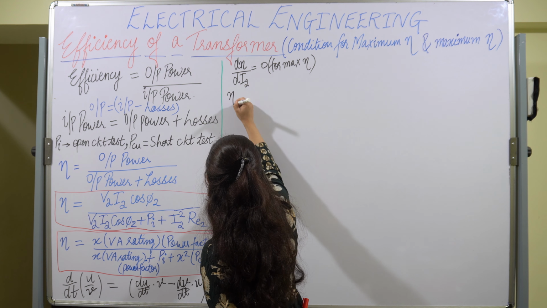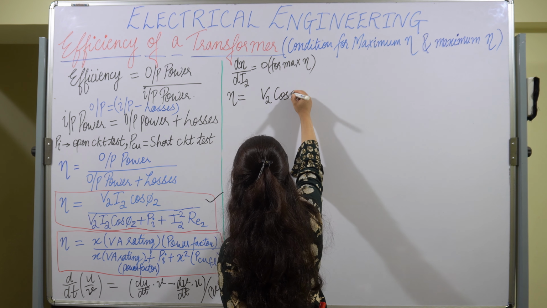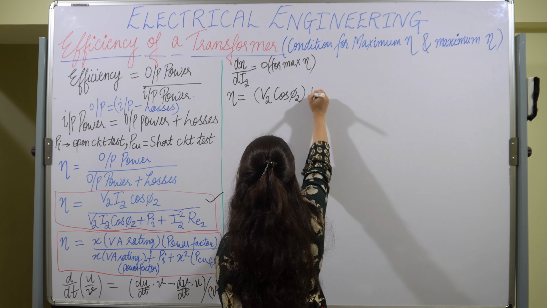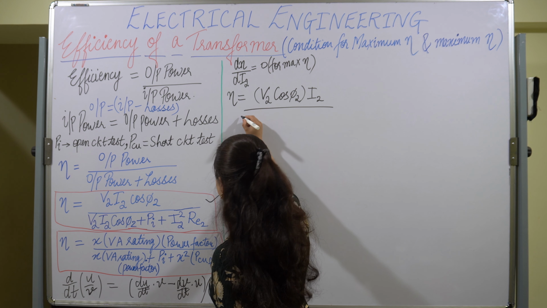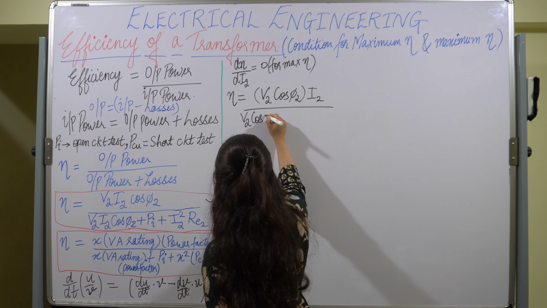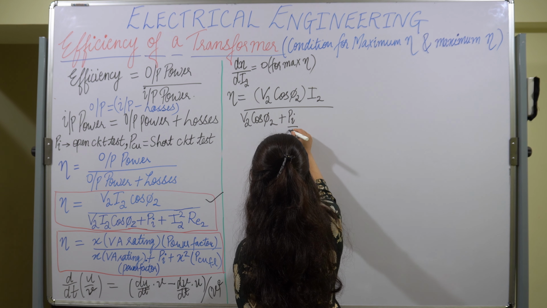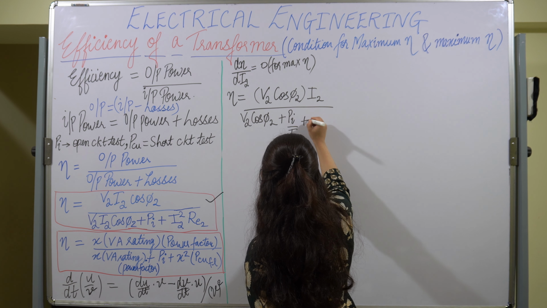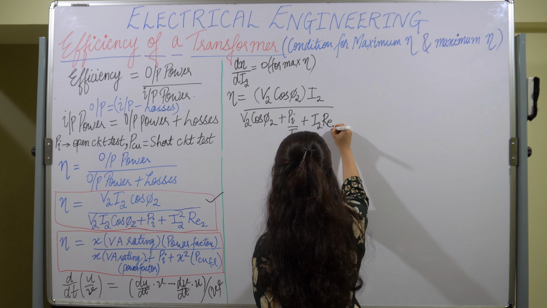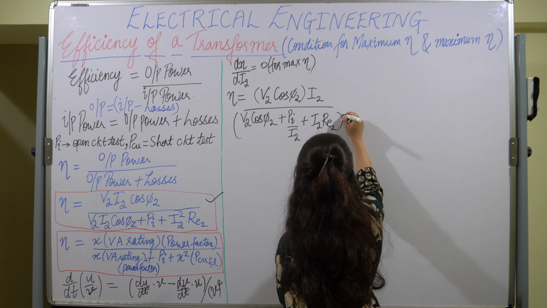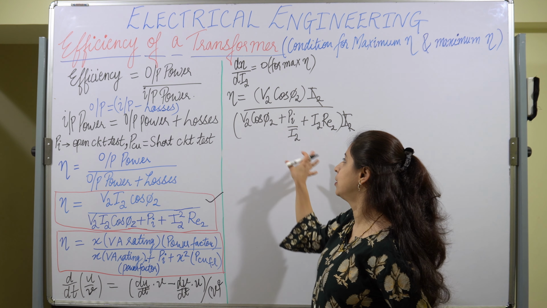So our efficiency becomes V2 cos phi 2 upon V2 cos phi 2 plus Pi upon I2 plus I2 RE2. This I2 and this I2 get cancelled, so now we are left with this expression.